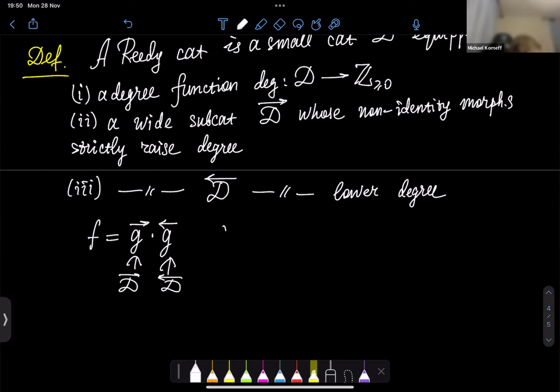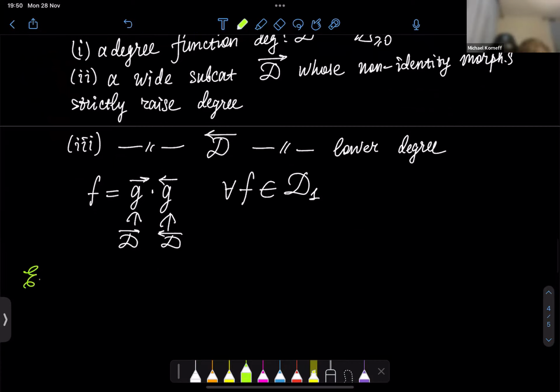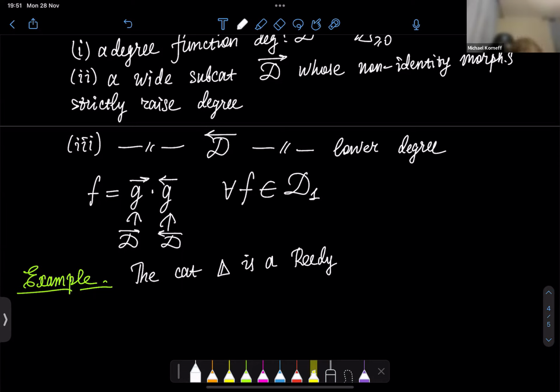Example: the category Delta is, of course, a Reedy category with the obvious degree function.